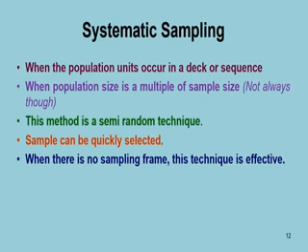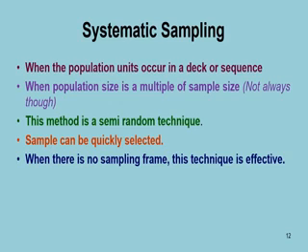But this is not a strict requirement, because statisticians have found procedures of doing systematic sampling even if the population size is not a multiple of the sample size.